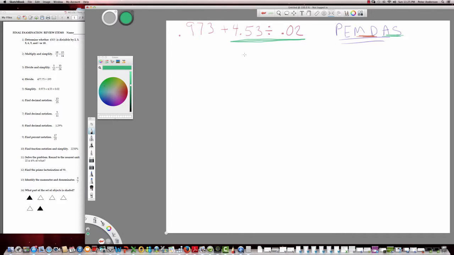I mentioned that you can do long division, the way that I solved the problem. But we can also rewrite this as 4.53 over 0.02 and manipulate the decimal places and try to simplify it that way.